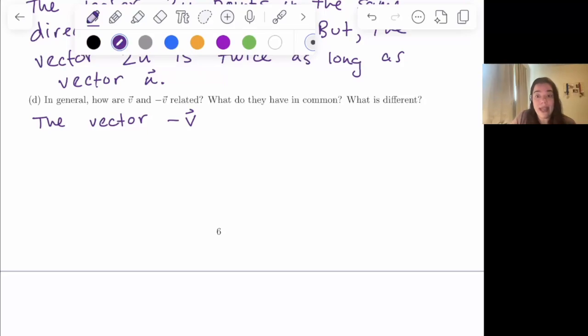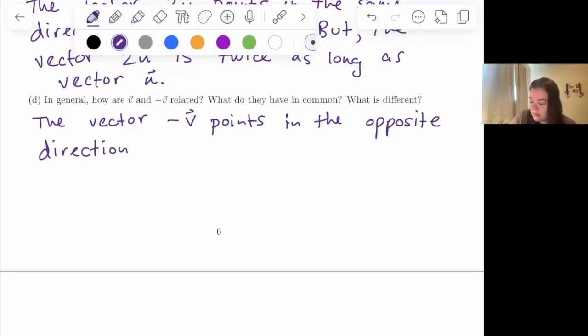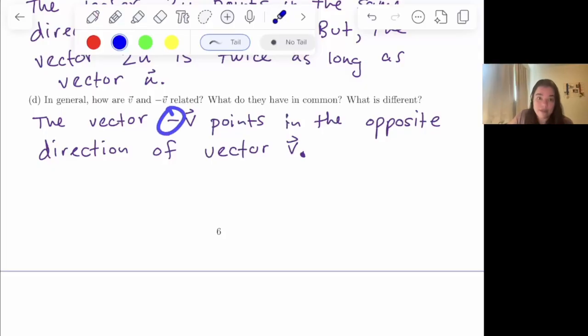So the vector -v, or -1v, points in the opposite direction of vector v. The reason it points in the opposite direction is because the negative sign points it in the opposite direction.